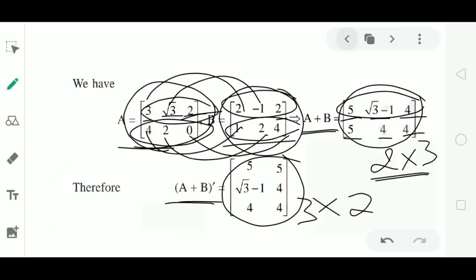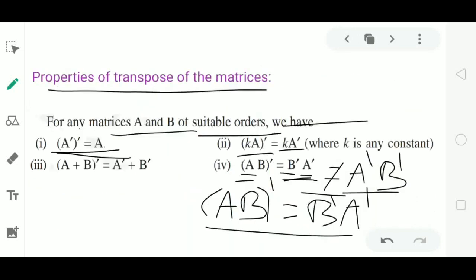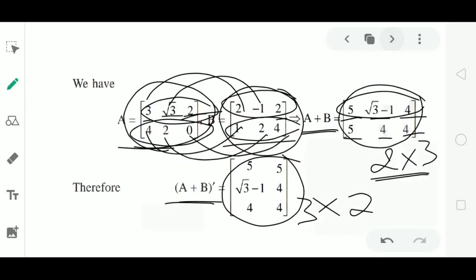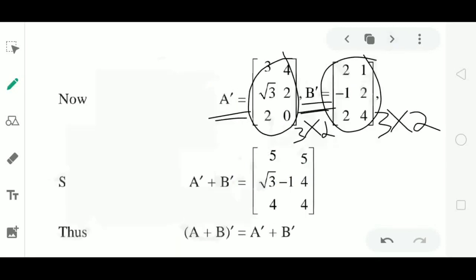For the RHS of this property, we have to find A dash plus B dash. That is, the sum of the two matrices A dash and B dash. Let us add these two matrices.